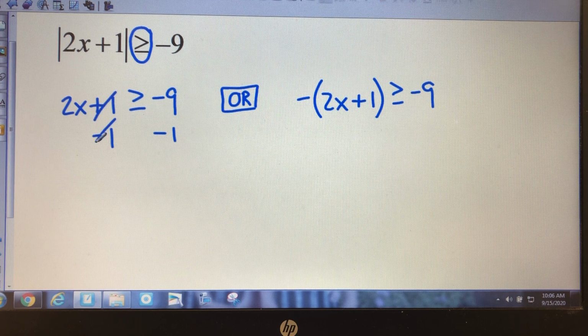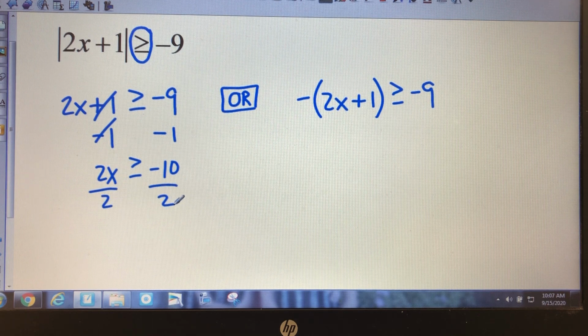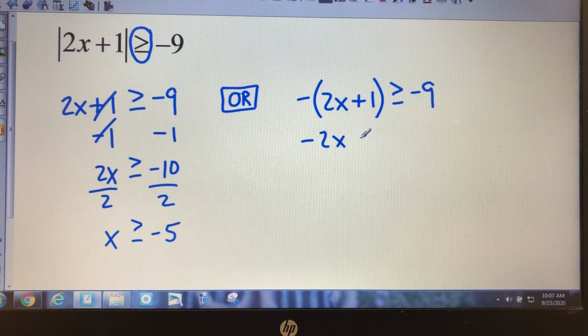Get your x by itself. Divide by 2. So x is greater than or equal to negative 5. Or the second one, distribute the negative all the way through on that left side. Add your 1.